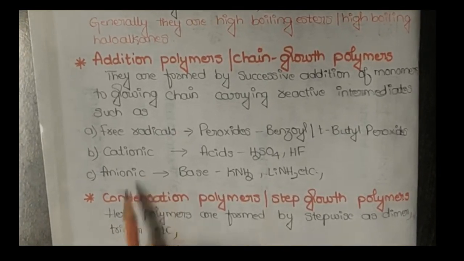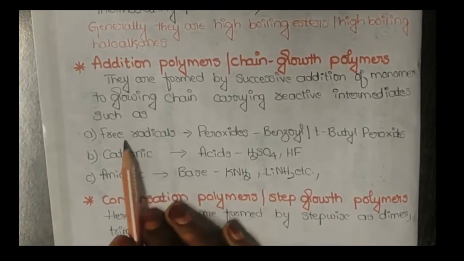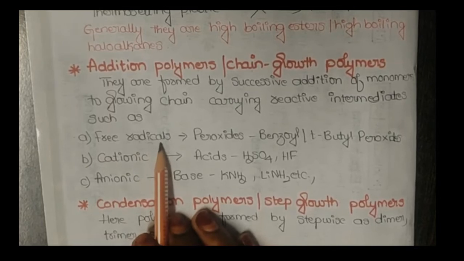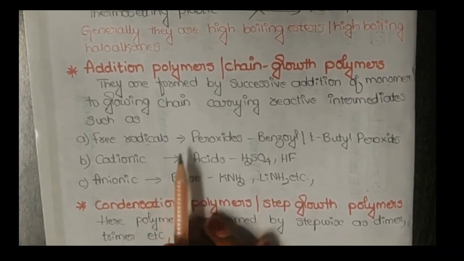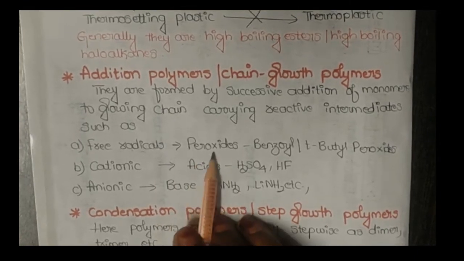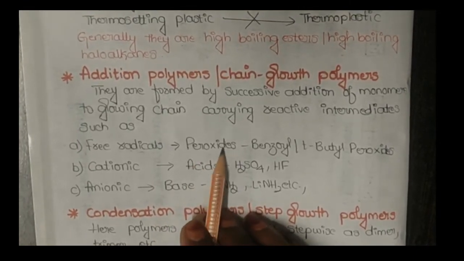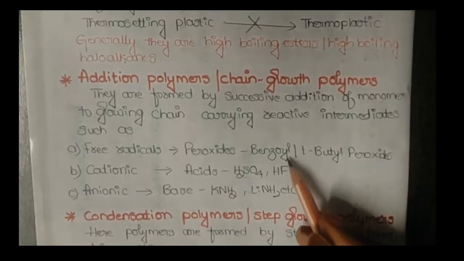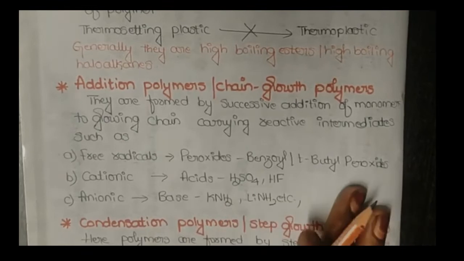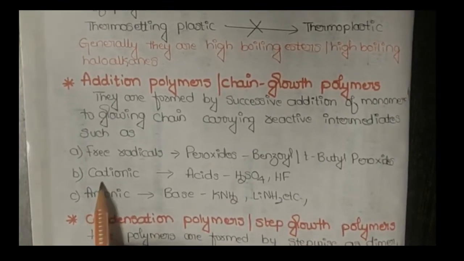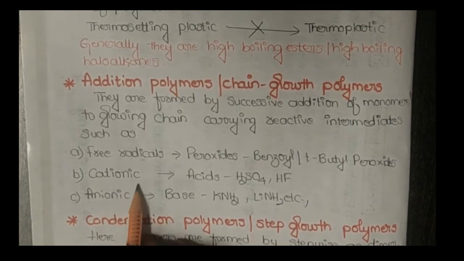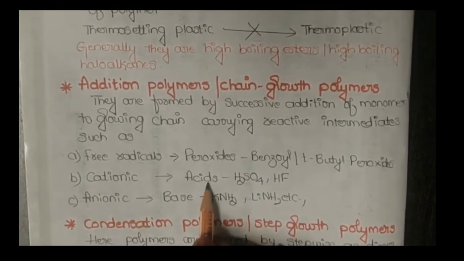So here, how to get a free radical? I hope you know that free radicals are obtained by homolytic cleavage. And here we have to add free radical generators such as peroxides. To name specifically, you can add benzoyl peroxide, tertiary butyl peroxide, etc. If I want a carbocation to be generated, I have to add an acid.